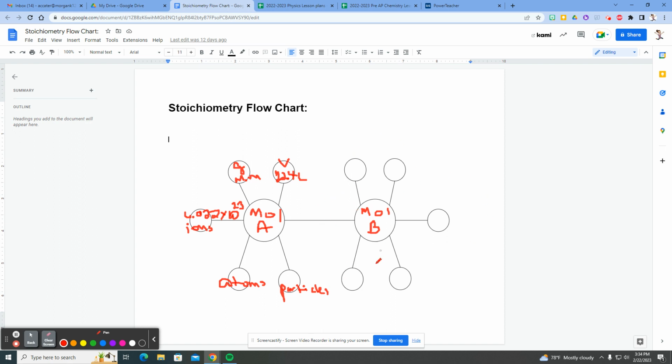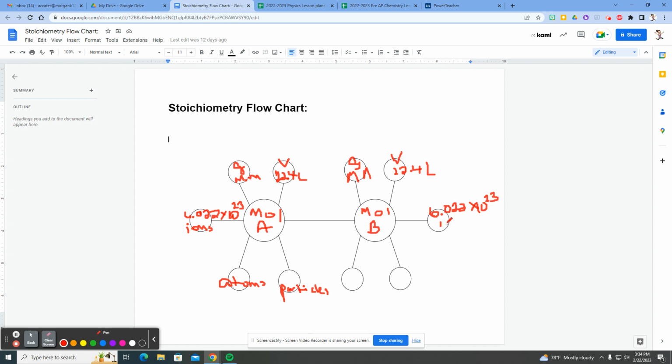All right, then we can go on this side and have the same 5 starting things. I can have grams, which would be molar mass. I can have volume, which would be 22.4 liters. I can have Avogadro's number, 6.022 times 10 to the 23rd.